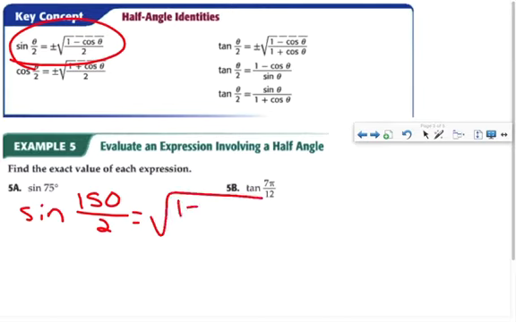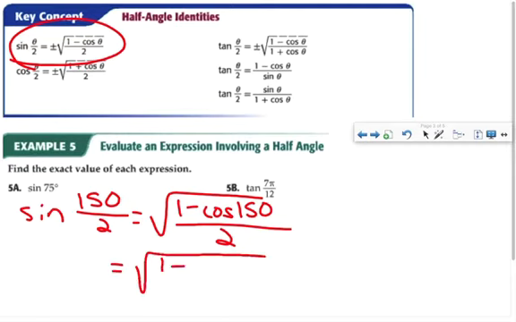So it's positive square root of 1 minus the cosine of 150 over 2. And that 150 conveniently is on my reference sheet, so I'm going to use that. So this will become the square root of 1 minus, well, the cosine of 150 would be the x-coordinate, at 150, which is negative radical 3 over 2.